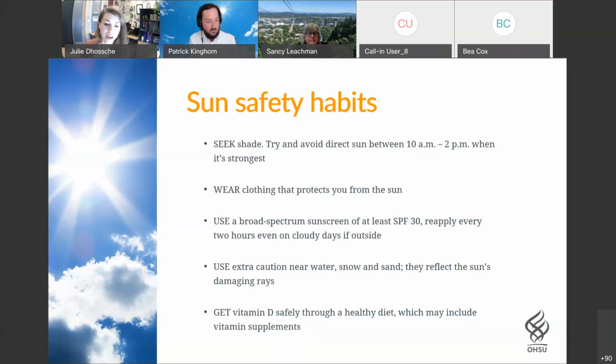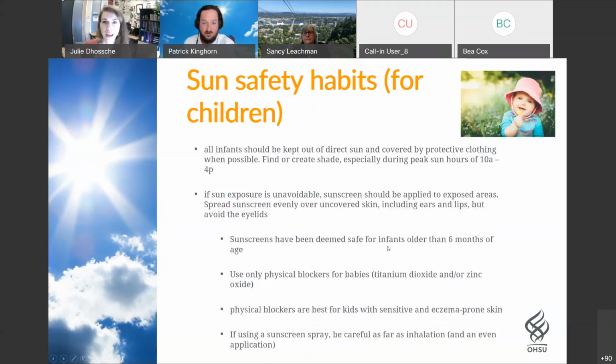And then getting vitamin D safely through a healthy diet. I'll talk a little bit more about this because this is a frequent question I get. For children specifically, young babies cannot tell you if they're feeling hot, if they're getting sunburned, and so all infants really need to be kept out of direct sun and covered by protective clothing.